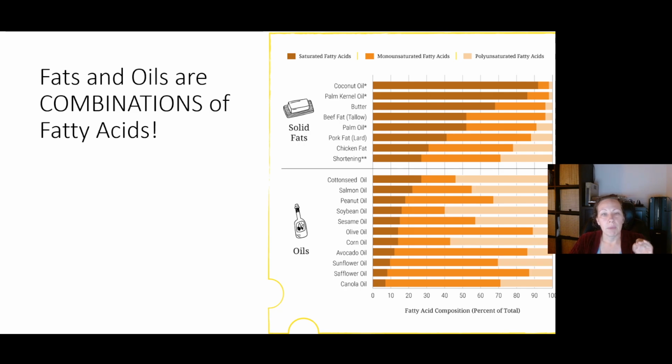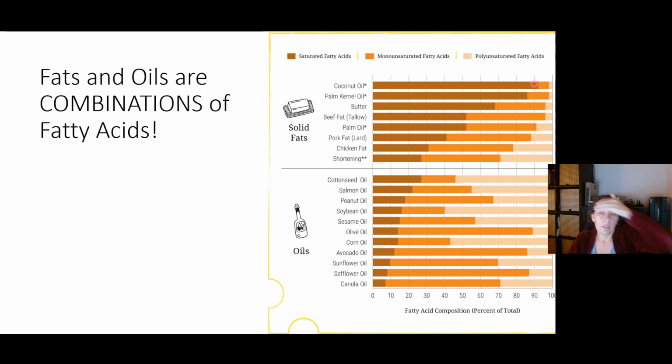Now, fats based on our categorization criteria are fats that are solid at room temperature. They tend to contain more saturated fatty acids, this dark brown set here, and much fewer polyunsaturated fatty acids, this lightest color, than oils.